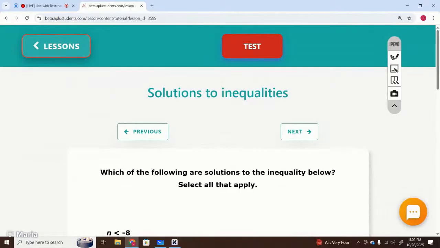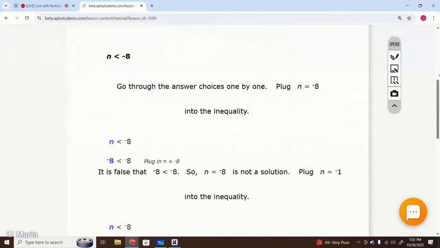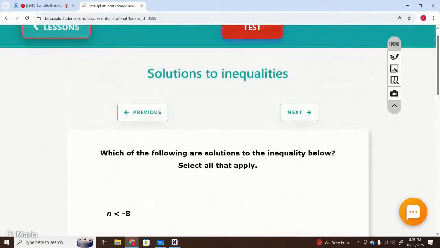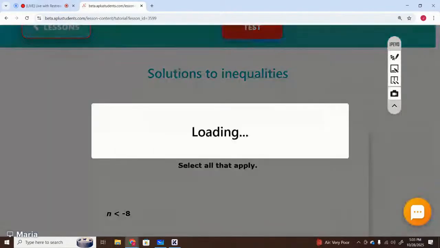Which of the following are solutions to the inequality below? Select all that apply. N is less than negative 8. Let's start with the test questions.